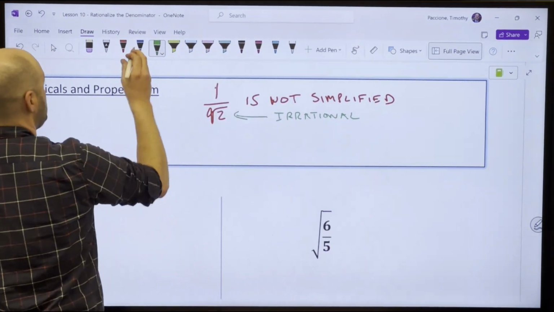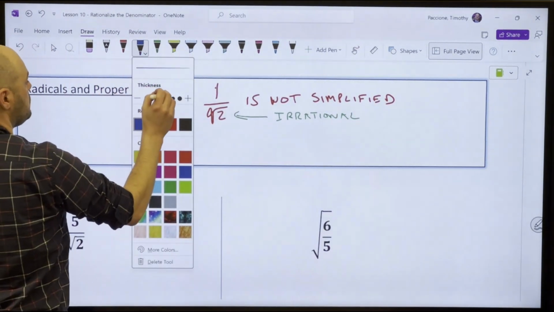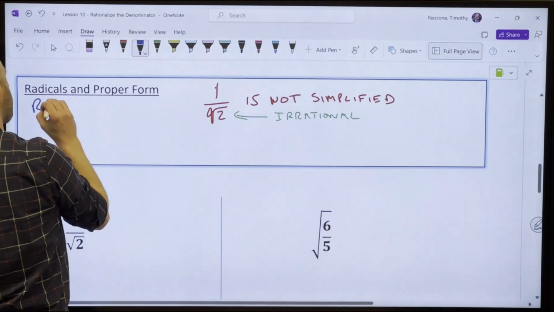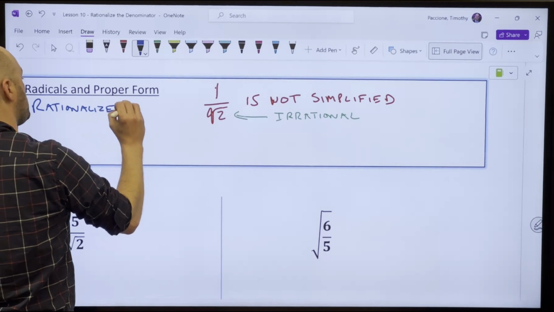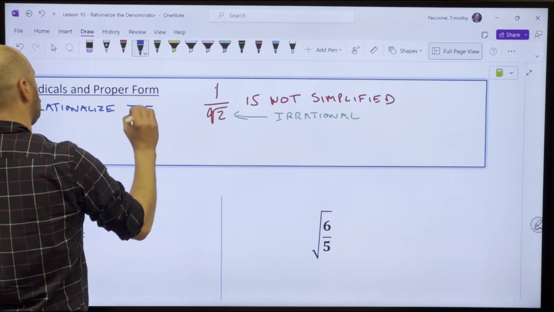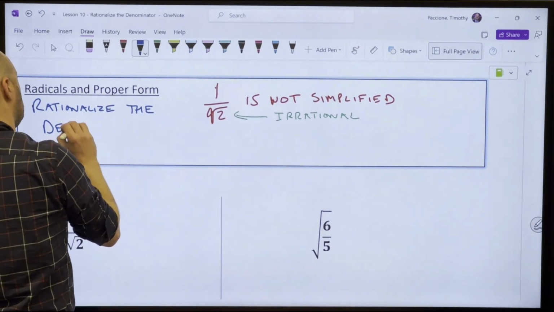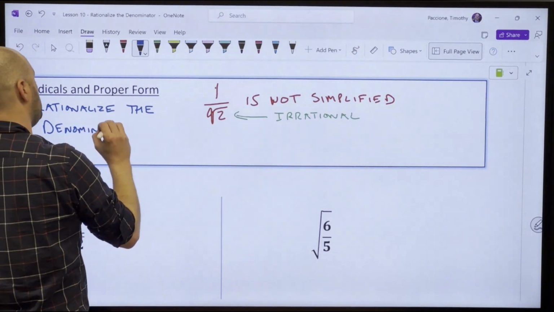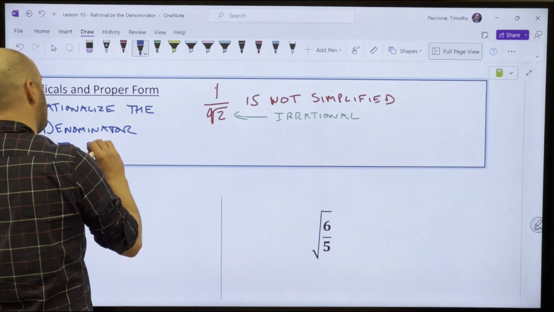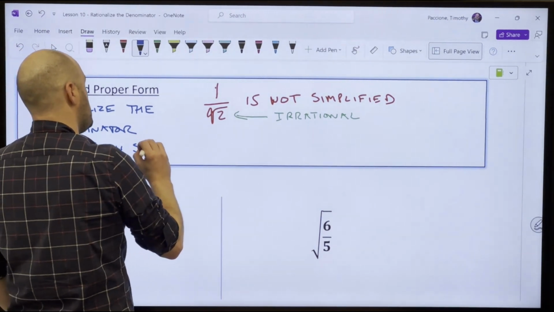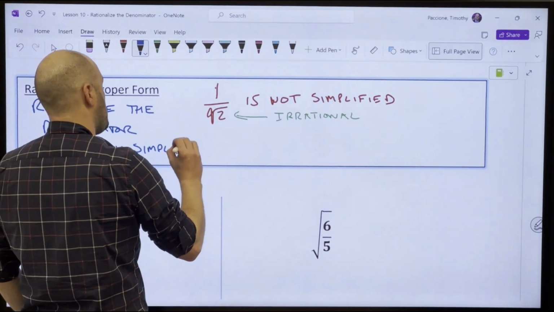And you need to rationalize the denominator to fully simplify.